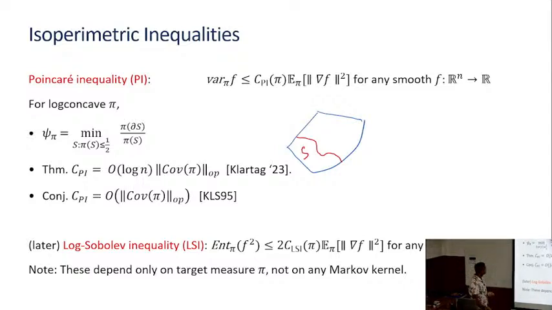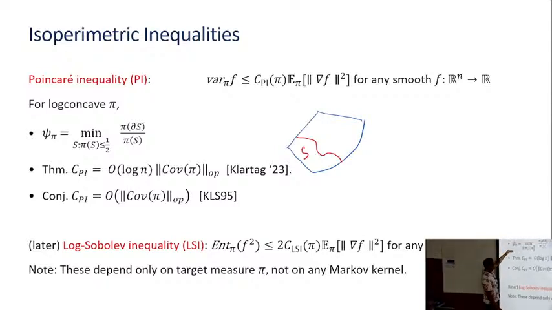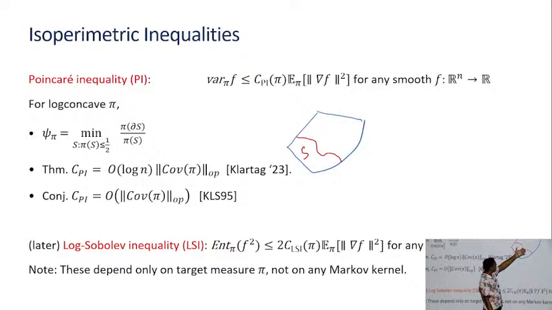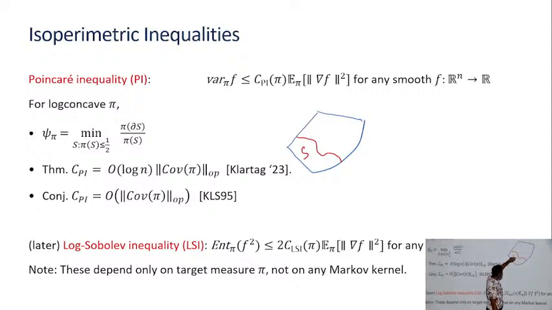In the case of log concave distributions, this can be reinterpreted entirely geometrically, tight up to constant factors, and it looks like this. If you have a log concave distribution, it's asking for the inverse of the minimum possible ratio between the measure of the boundary and the measure of the set itself.